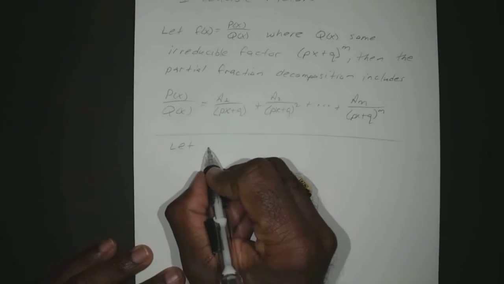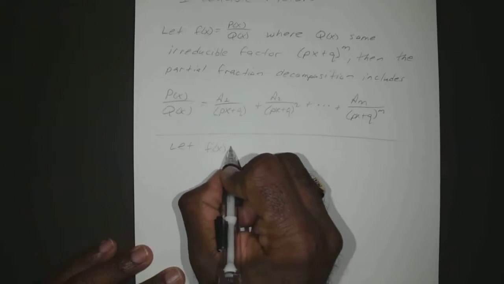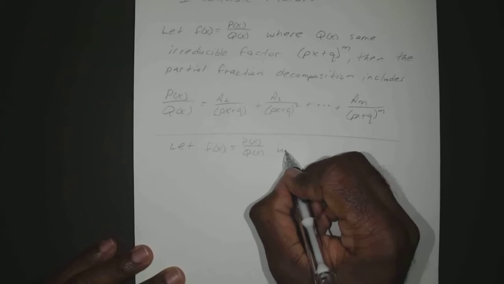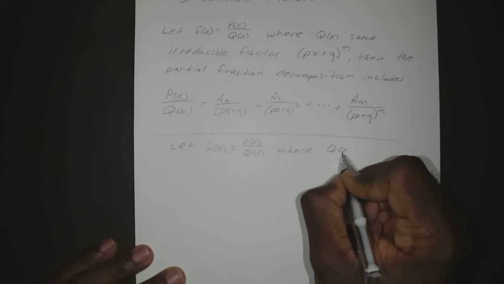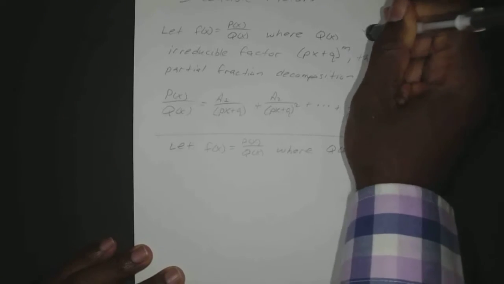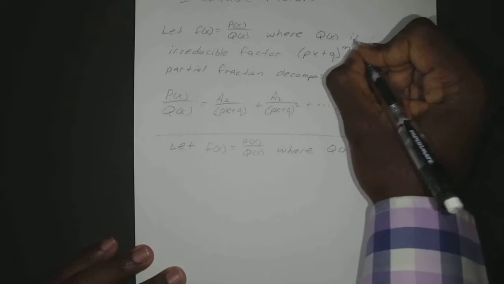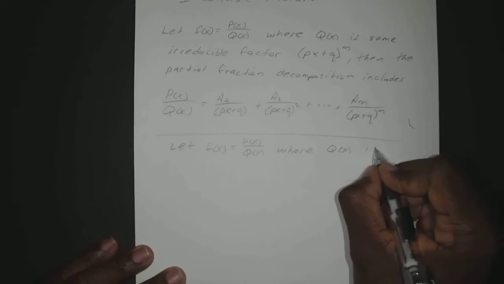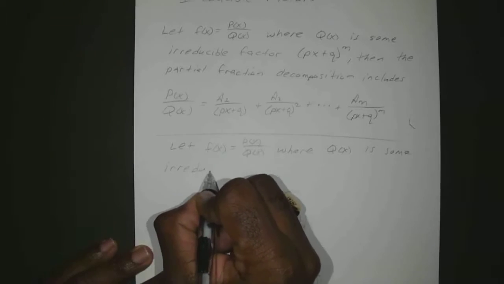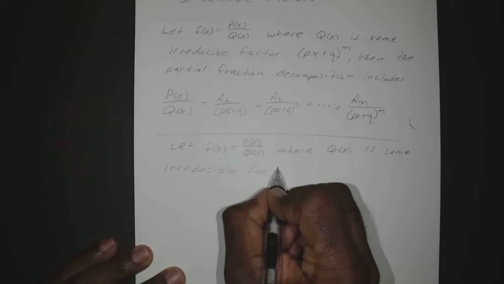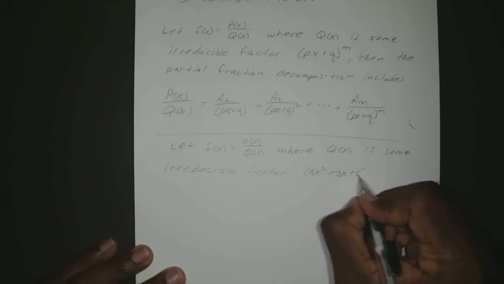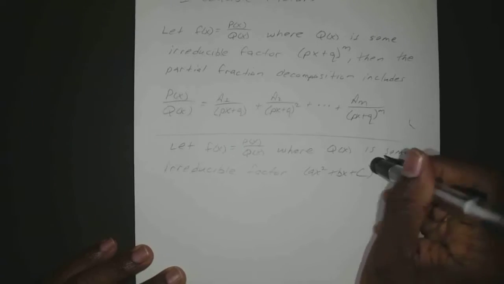Okay, so what if we let, again, f of x equal p of x over q of x, but this time q of x is an irreducible factor. This time it's ax squared plus bx plus c, to the nth power.